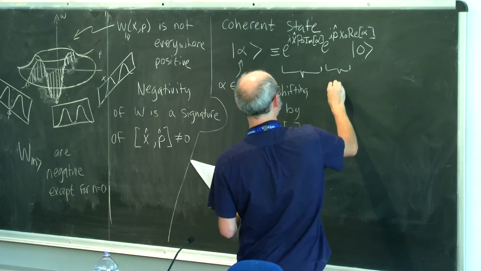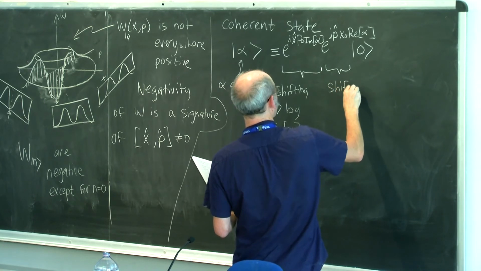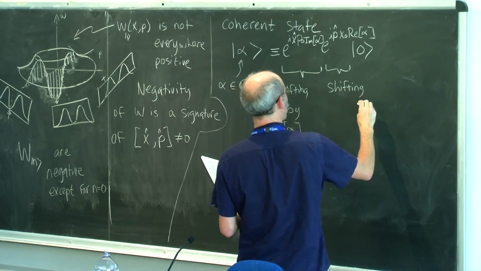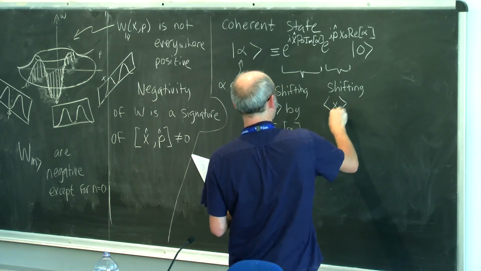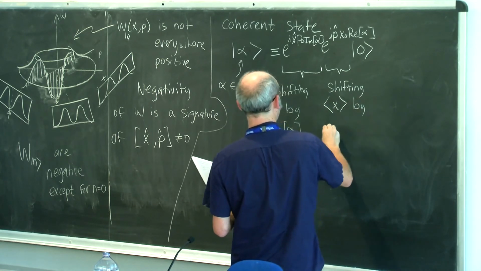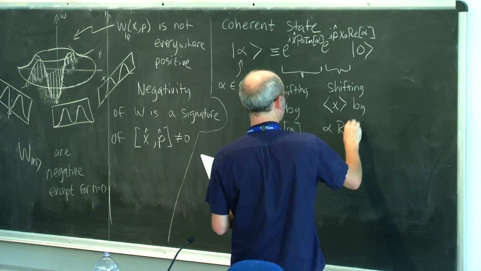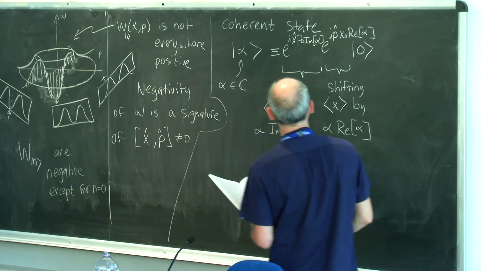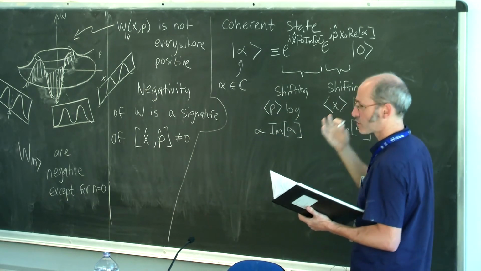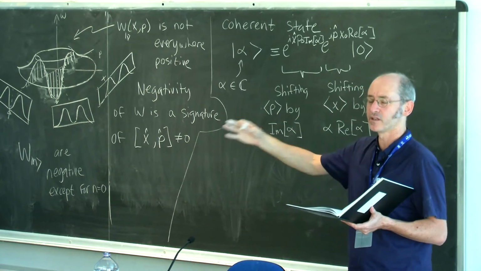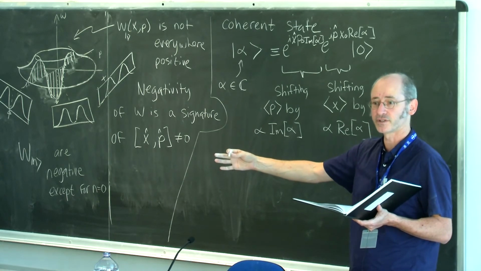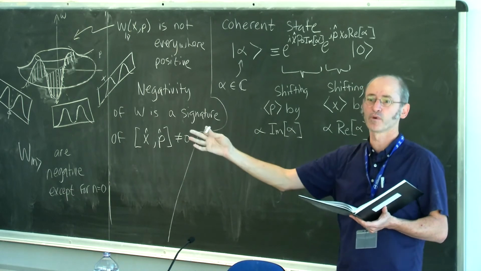by an amount proportional to the imaginary part of the number alpha. And this operator is just shifting the mean location of x by an amount proportional to the real part of alpha. Okay? So this is just the ground state. You just pick it up and you move it over to the side by a certain distance, and you give it some momentum.